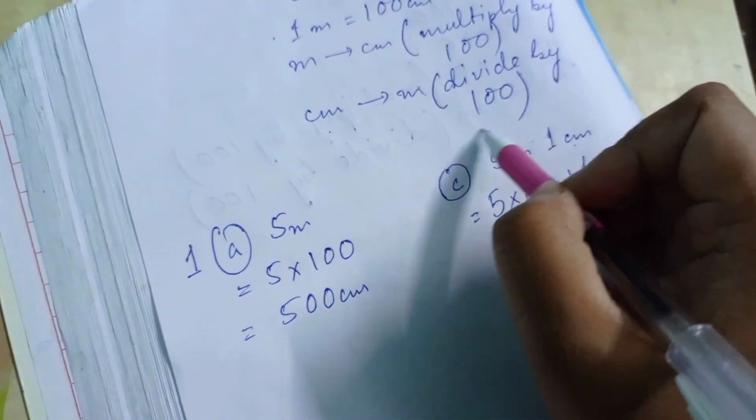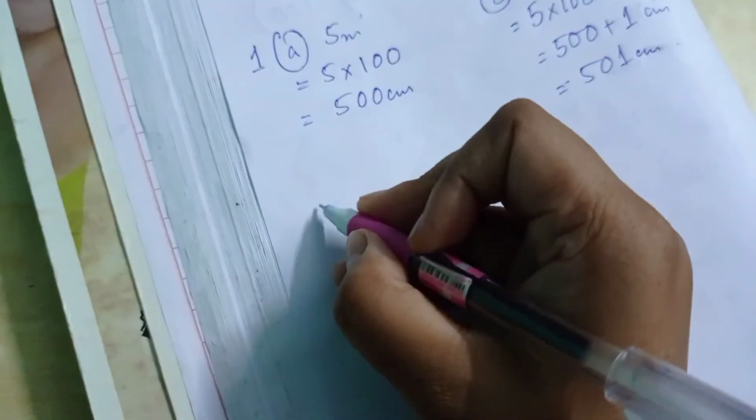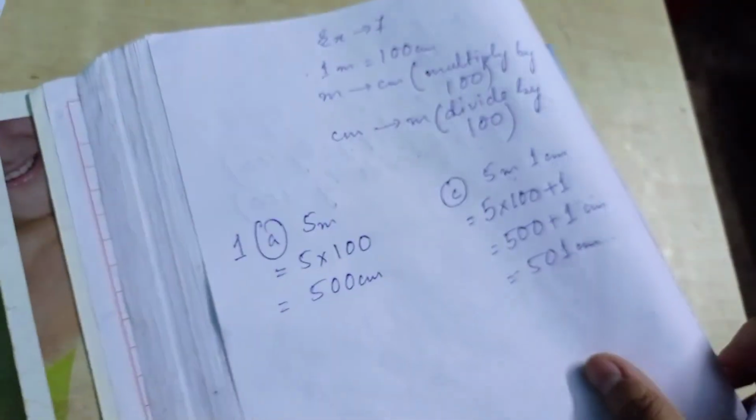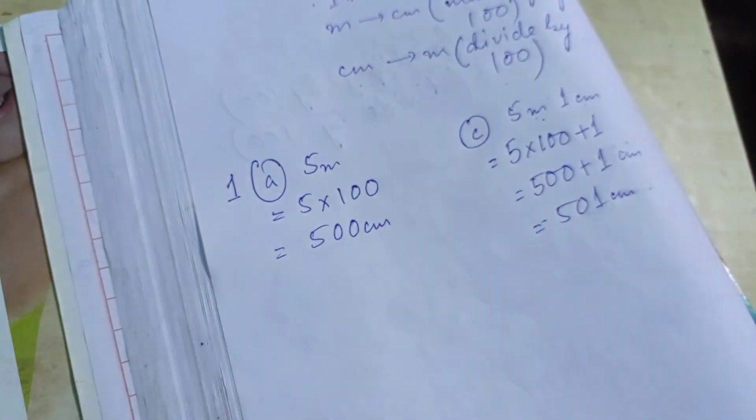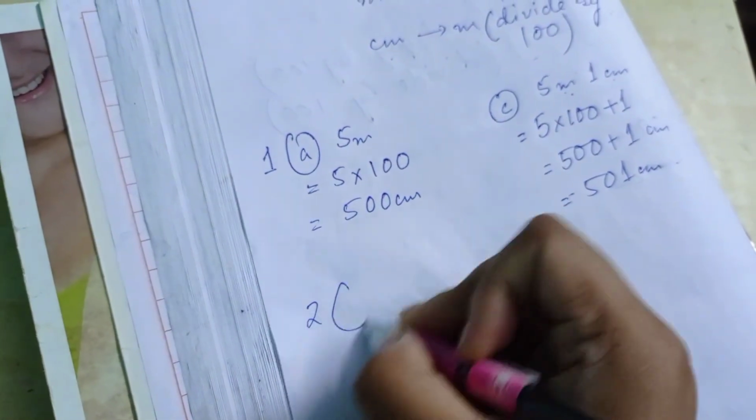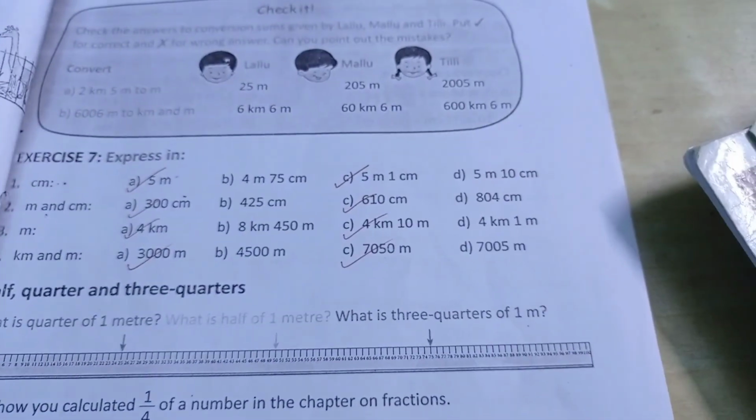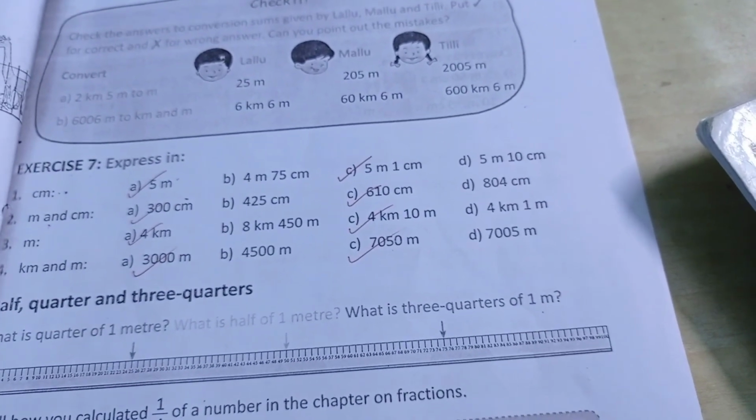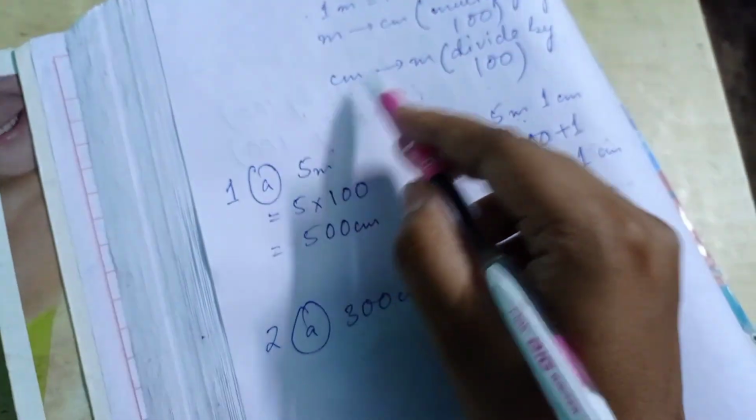Now in the next question they have given centimeter and you need to convert into meter and centimeter. How will you do that? Very simple. I have already told you, from centimeter to meter you need to divide by 100, right? The first question, 2 number A, is given as 300 centimeter and you need to convert that into meter and centimeter. 300 centimeter to meter you need to divide by 100.